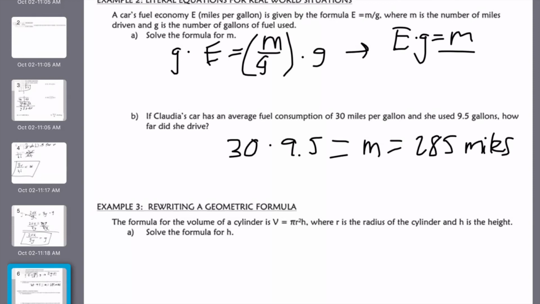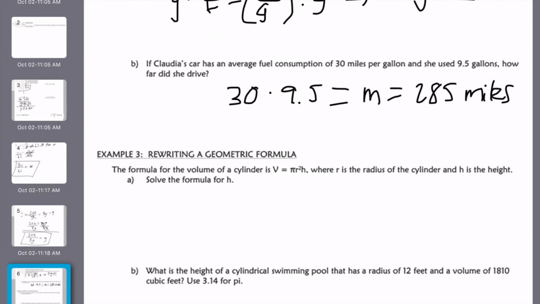And then final example. The formula for the volume of a cylinder is volume equals pi radius squared times height, where r is the radius of the circle and h is the height. They want us to solve the formula for h. So let me write my original formula. V equals pi r squared times height.